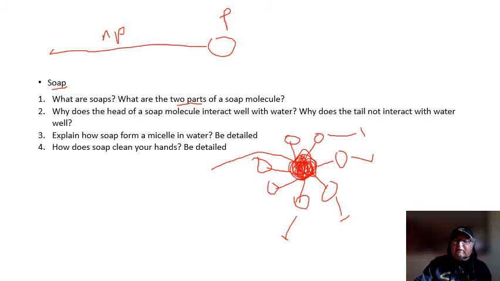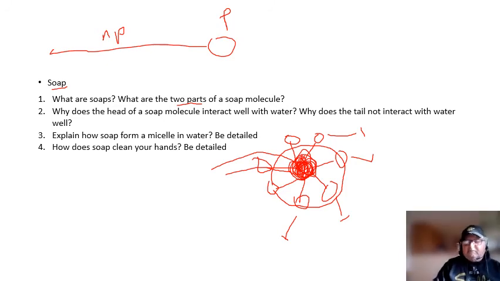But on the outside will be the water parts, the heads, and that's what connects with the water. And so the grease and oil get trapped and hidden inside the micelle, and it gets carried off when you rinse your hands.